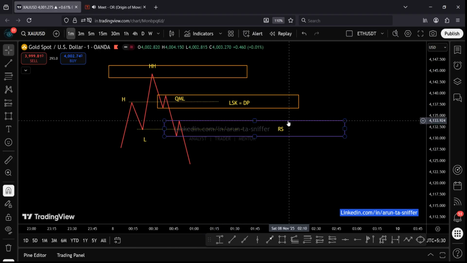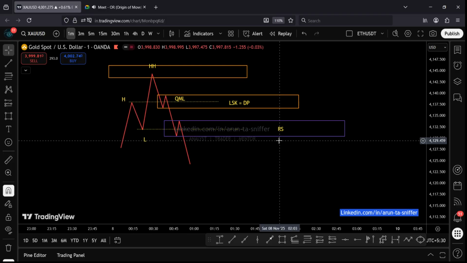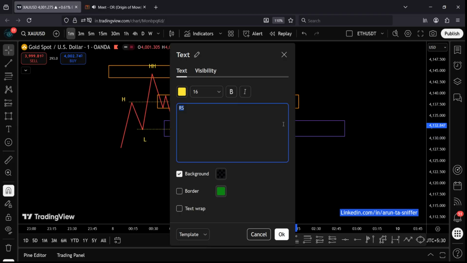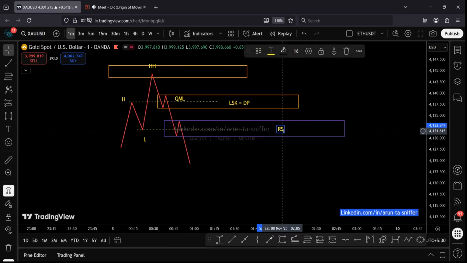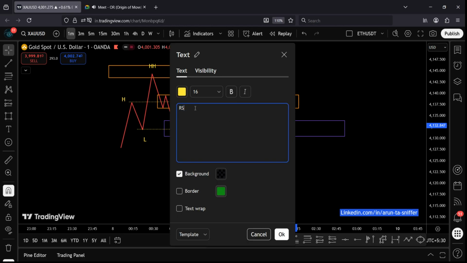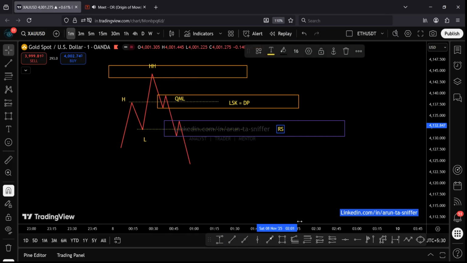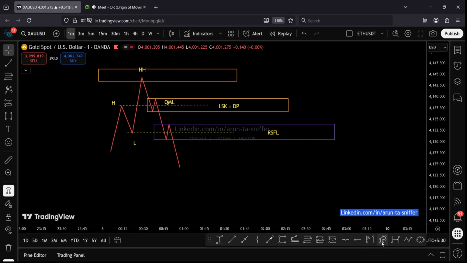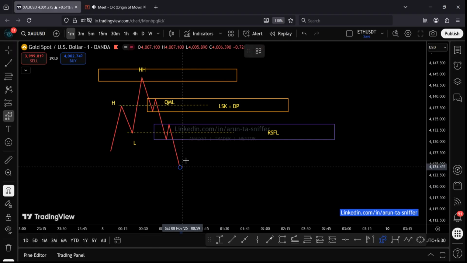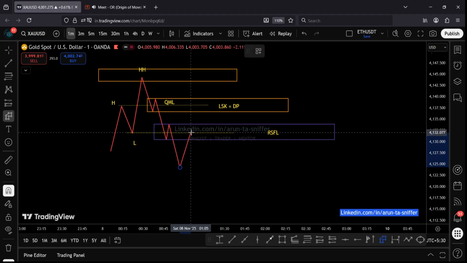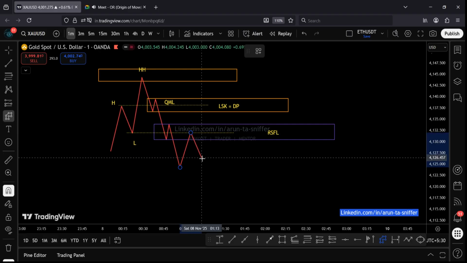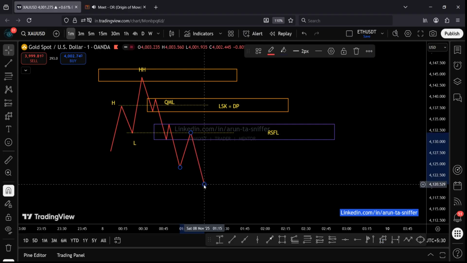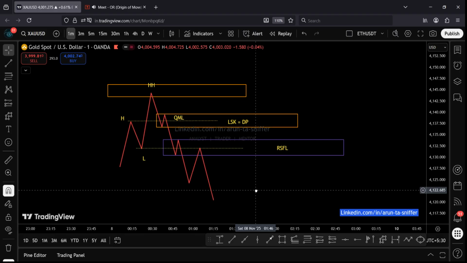Then this RS behaves like FL and we call this RSFL. We call this RSFL, and in future when price comes back we can trade it. Goes up then came down, right?